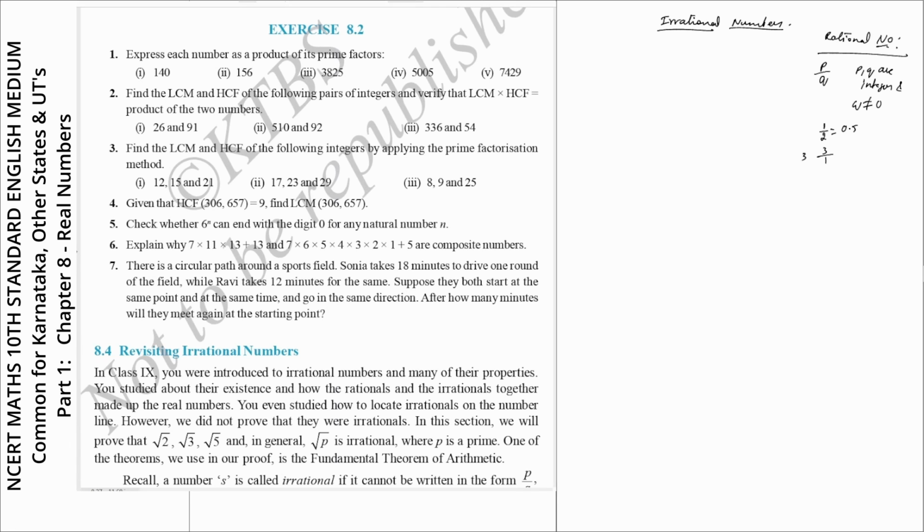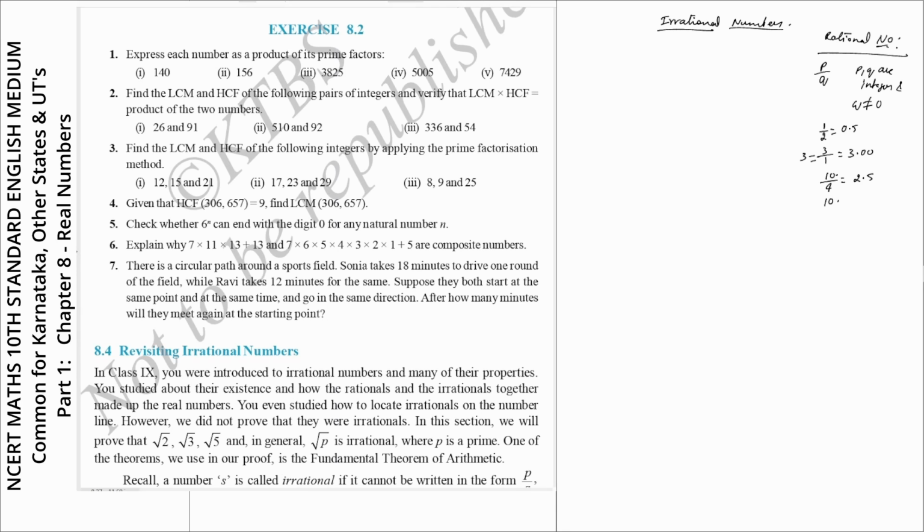The decimal equivalent of this is 3.00. And 10 by 4 is a rational number. What is the decimal equivalent? If I divide 10 by 4, 4 2s are 8, then 4 5s are 20, so I'll get 2.5.